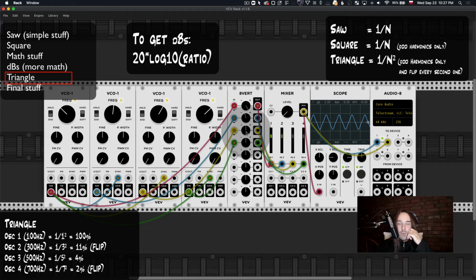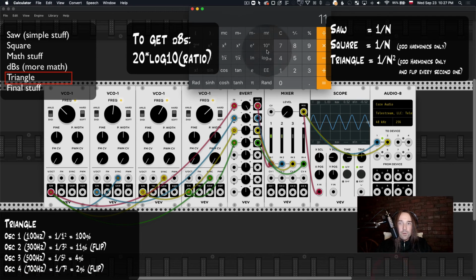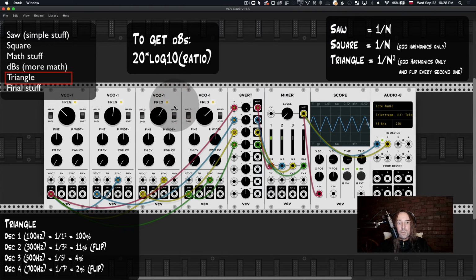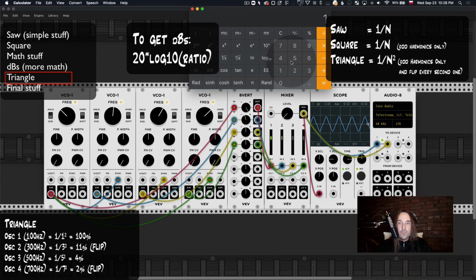So what would be the third one? The third one would be, the formula is the same. You divide 1 by the partial number. In this case, it's a ratio, right? So if we have 500, we divide 1 by 5 to the power of 2. 5 to the power of 2 is 25, right?